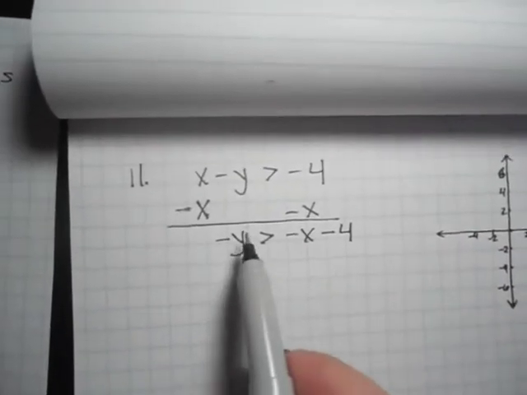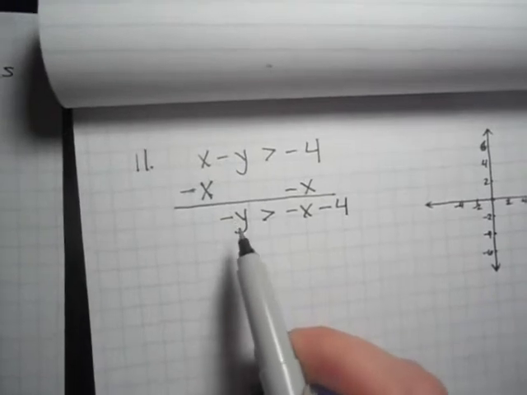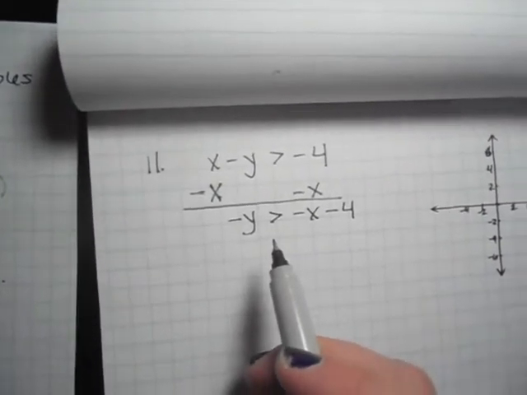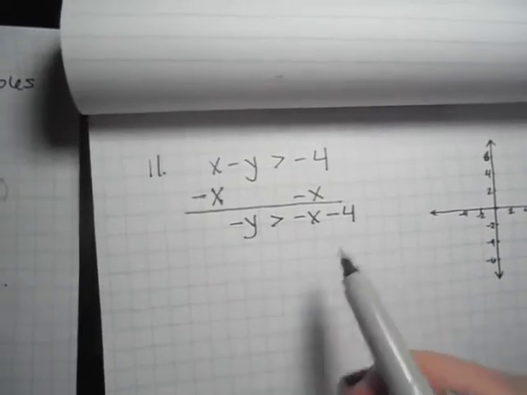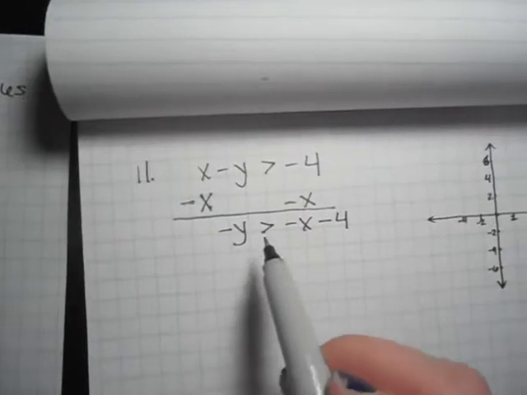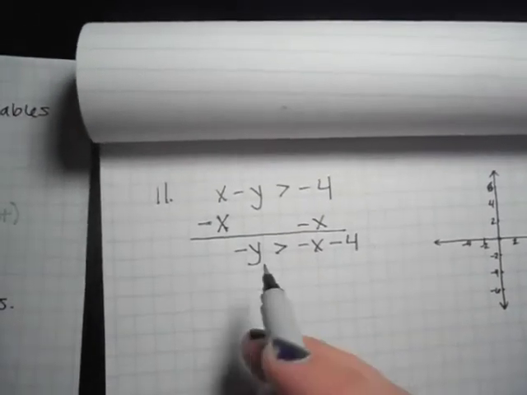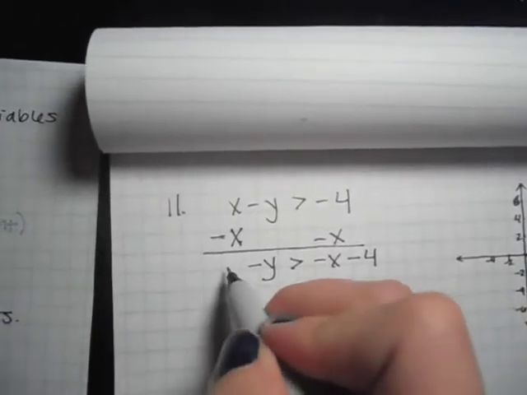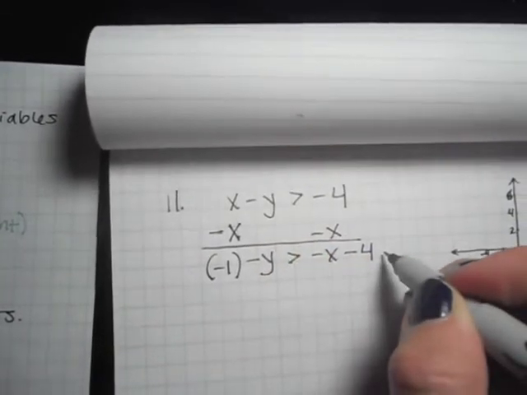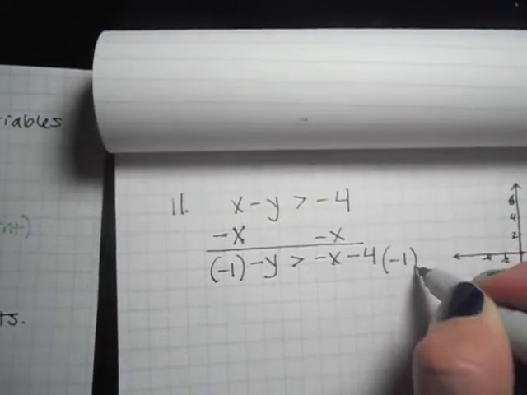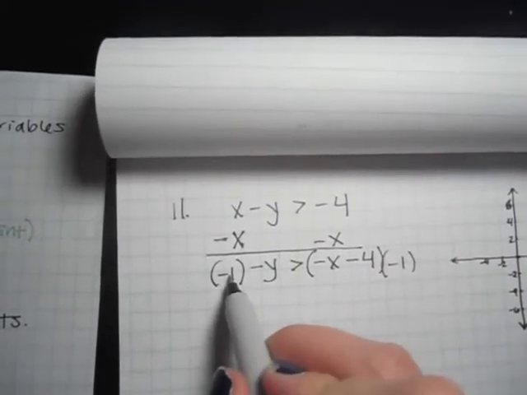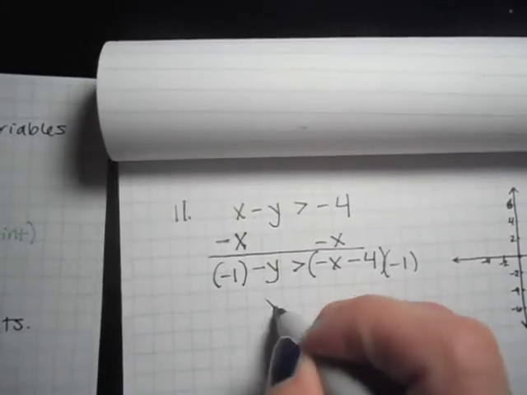Okay, but we don't need negative y by itself. We need positive y by itself. So here we can either divide both sides by negative 1 or multiply both sides by negative 1. Either way, we'll get a positive y. I'm going to multiply both sides by negative 1. Negative 1 times negative y is a positive y.